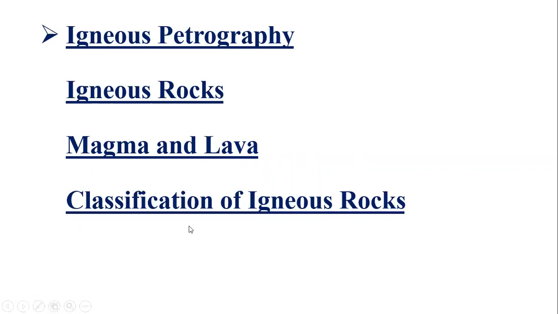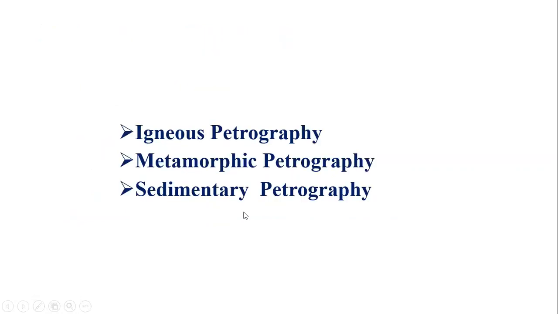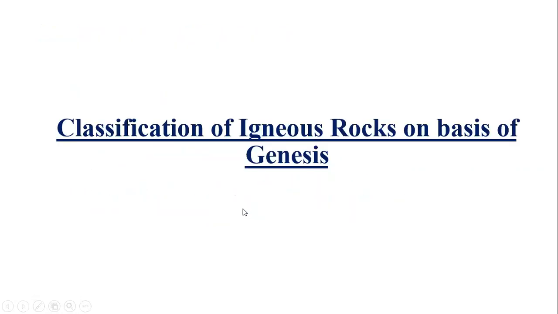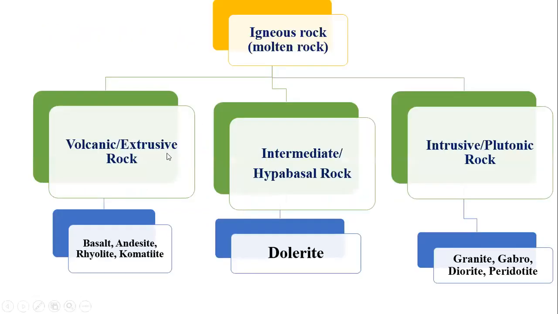What is the classification system of igneous rocks? The first category of igneous rock is volcanic or extrusive rock. What are volcanic or extrusive rocks? Volcanic or extrusive rocks refer to those igneous rocks which have been formed by the solidification of lava.